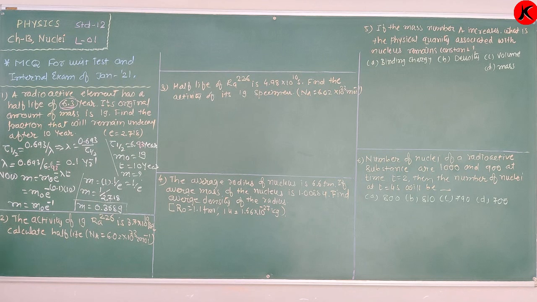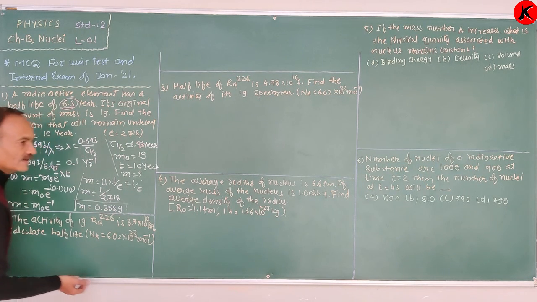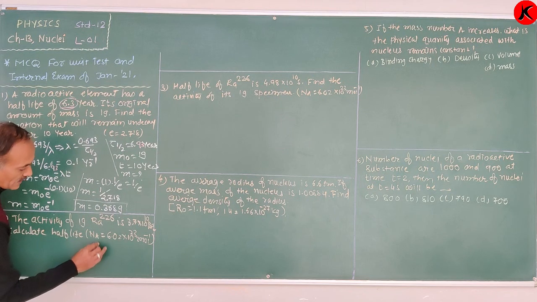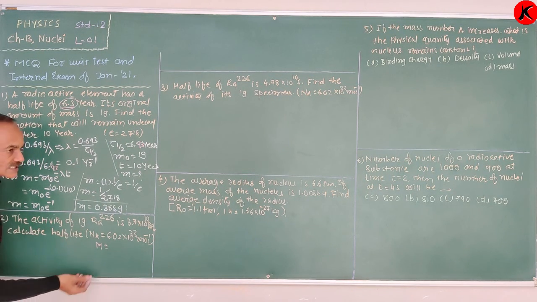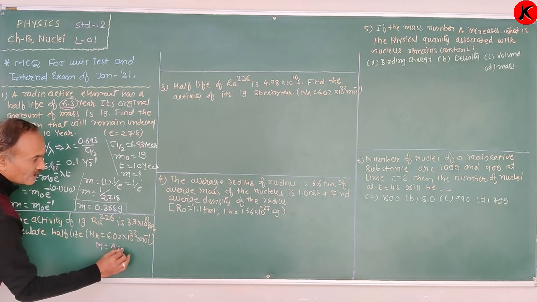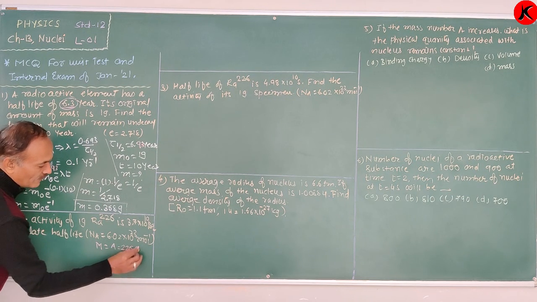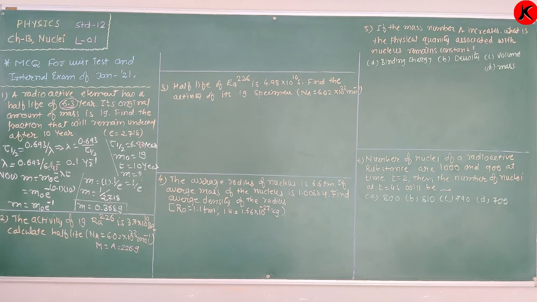The activity of 1 gram of radium-226 is given as 3.7 into 10 to the power 10 becquerel. Here the activity is given. Calculate the half-life. Avogadro number is given. The mass of 1 mole, the atomic mass, is 226 gram for radium. And the half-life tau half we have to calculate.